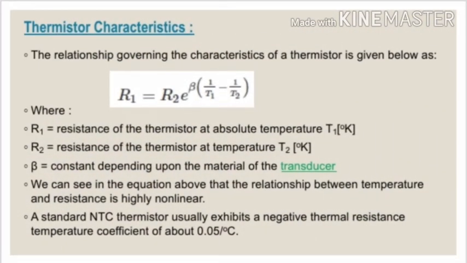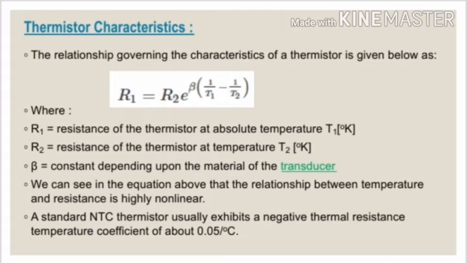Next is the thermistor characteristic. The relationship, as you can see, governs the characteristic of the thermistor. The equation is given below: R1 = R2 e^(β(1/T1 − 1/T2)), where R1 is the resistance of the thermistor at absolute temperature T1, in Kelvin.